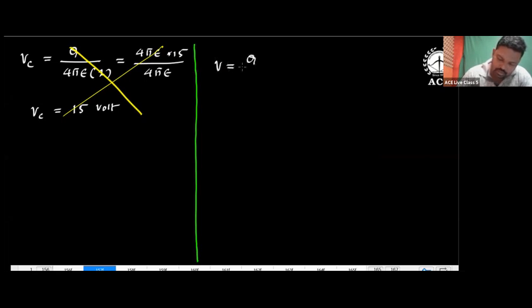V is equal to Q by 4 pi epsilon R plus K. So VA is Q divided by 4 pi epsilon into R. What is R?